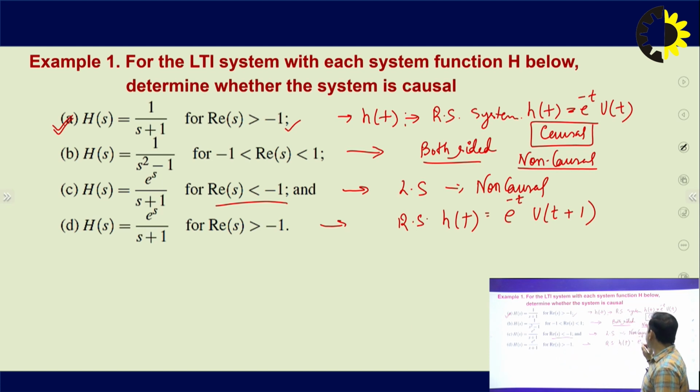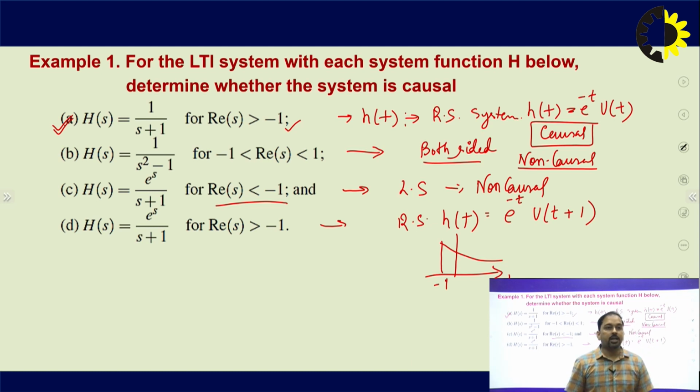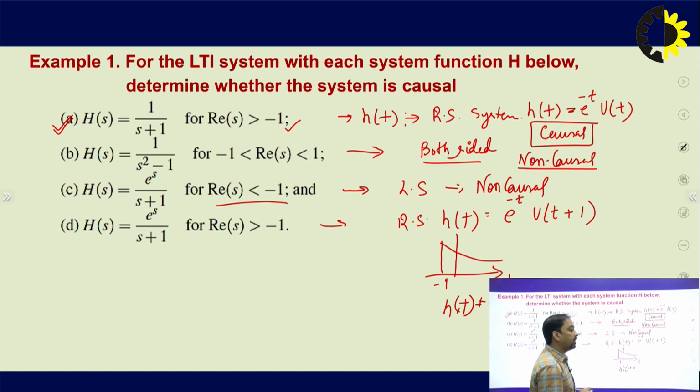So we have e raised to power minus t u(t plus 1). If we plot this, it is of this type. Clearly, h(t) is non-zero for t less than 0, so the system is non-causal here.